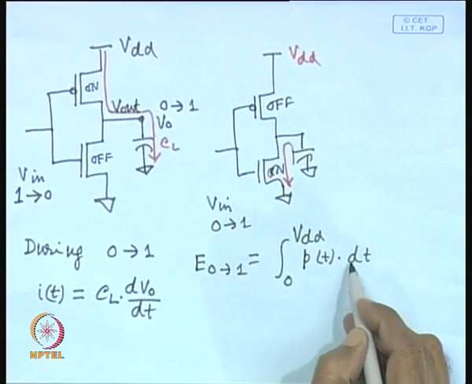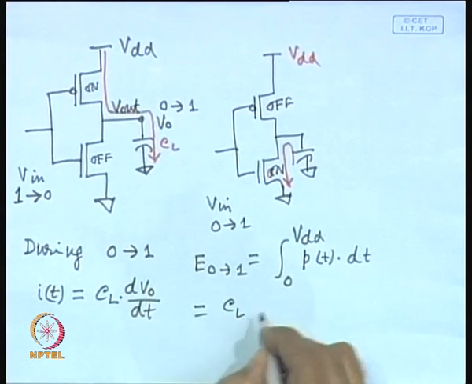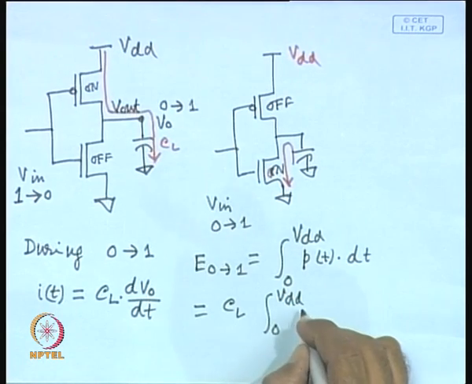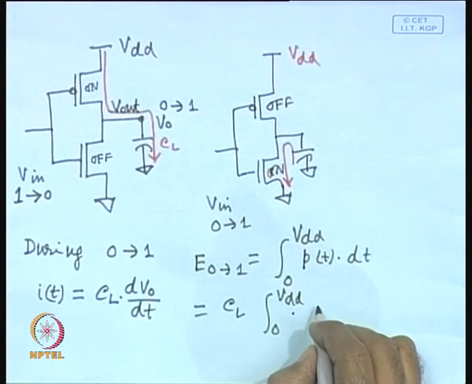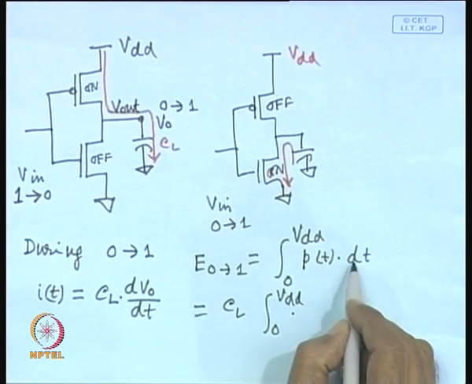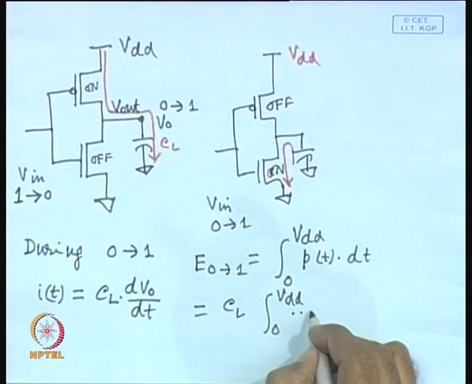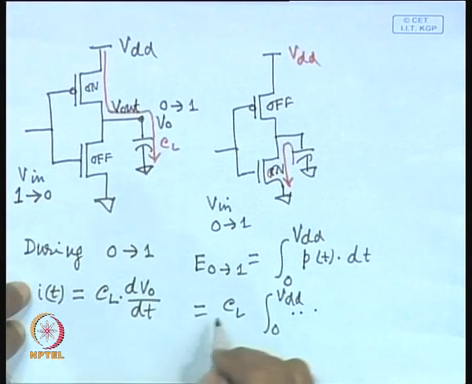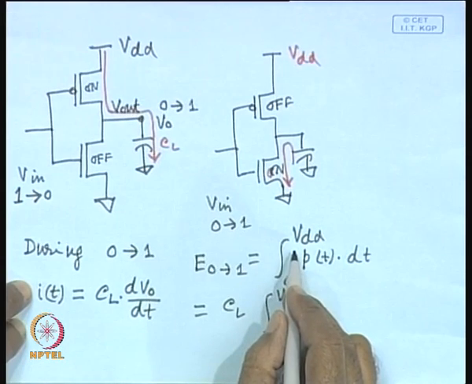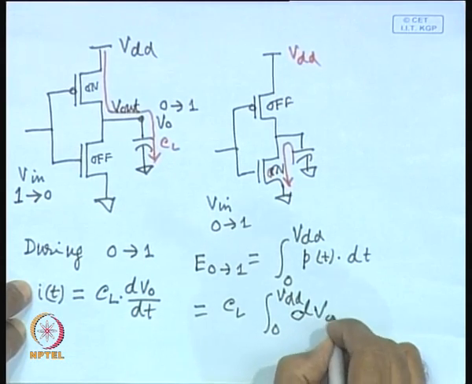So if we substitute it here, then we shall get CL will come out, this will become integral from 0 to VDD of dV0, and energy is the integral of CL dV0.